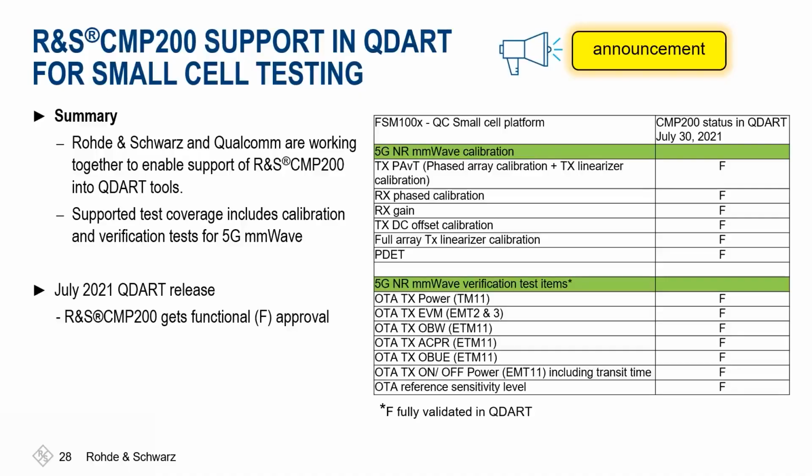The CMP200 is fully validated within QDOT for calibration and verification of their small cell chipset since the July 2021 QDOT release. On the right-hand side of the slide, you can see all the different test cases. The CMP200 is fully validated. Mahesh, I think we have shown a lot of different solutions. Could you please summarize it for us?